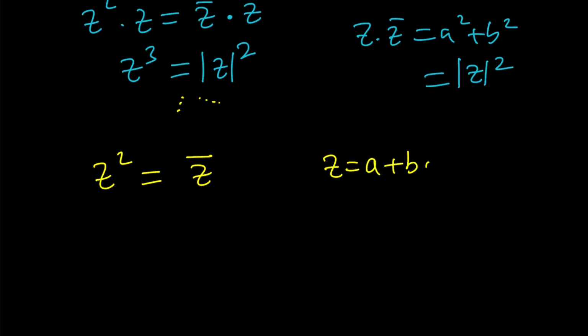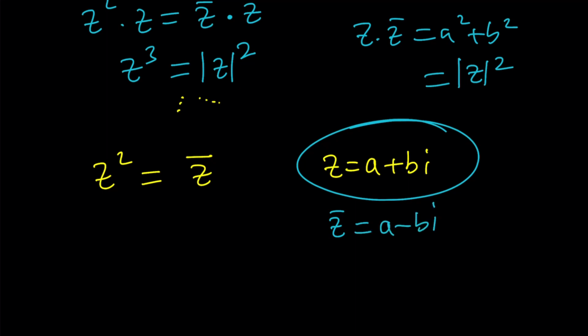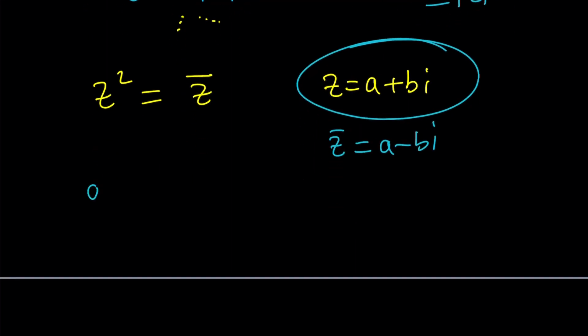Does that look familiar? It's also the name of the channel. Now let's plug this in. But what is z bar? Easy, z bar is just a minus bi. So replace z with a plus bi and then square it, and replace z bar with a minus bi, and now you've got yourself an equation.